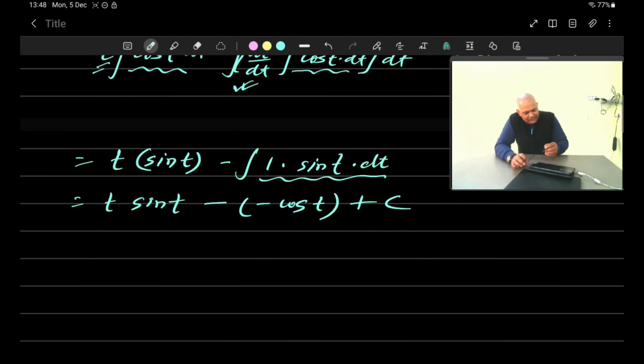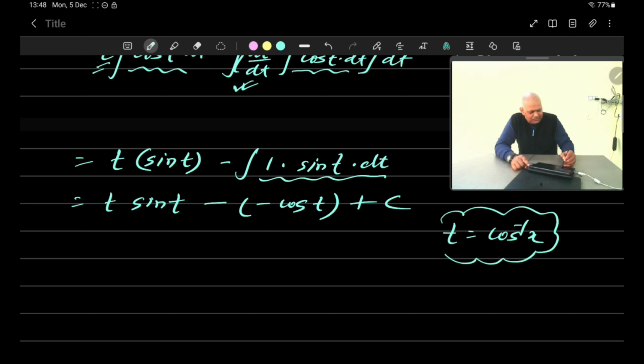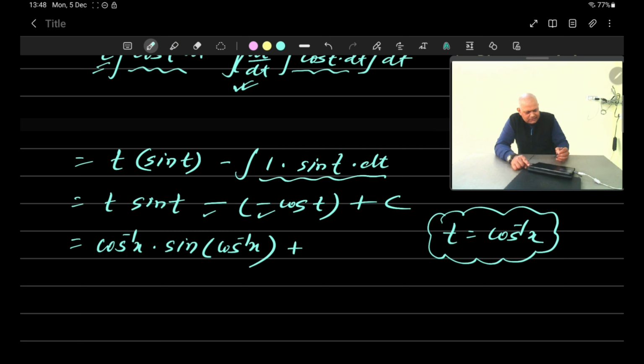So you know your t is nothing but cos inverse x. Our prime duty is to change the variable before writing the answer. So t is cos inverse x times sine of cos inverse x minus, and minus, after multiplication it will become positive, cos of cos inverse x plus c.